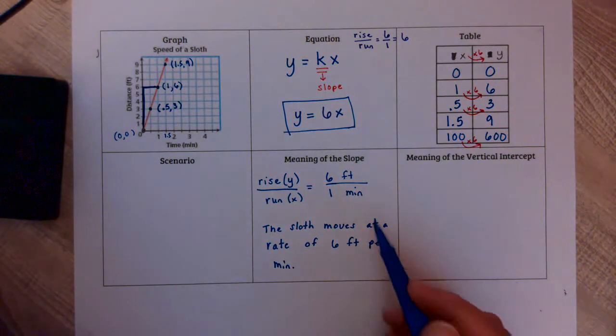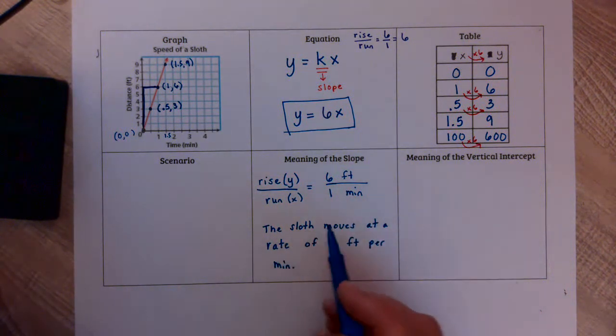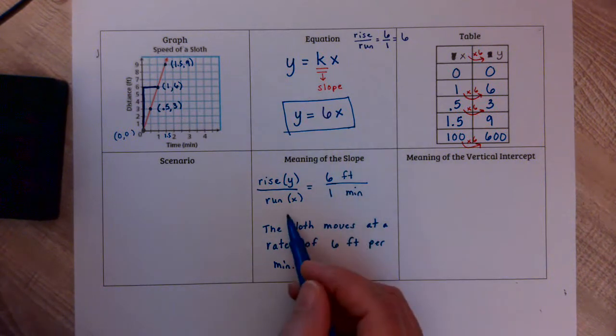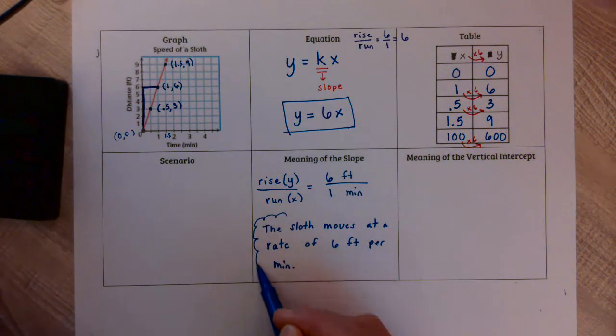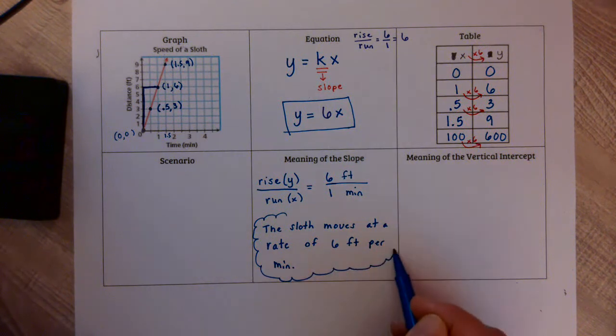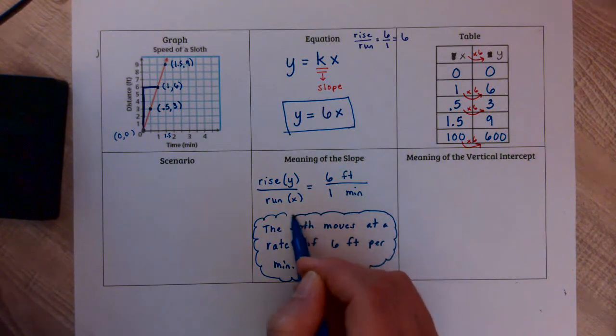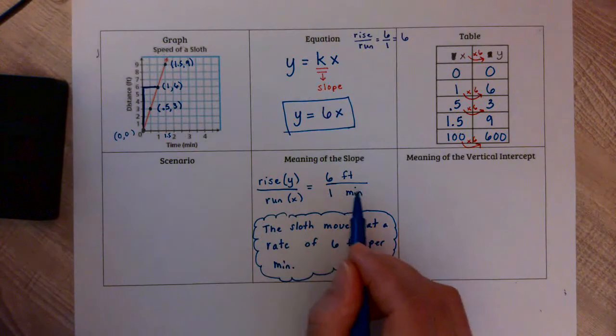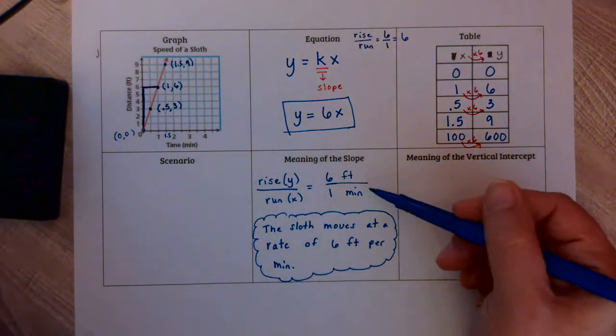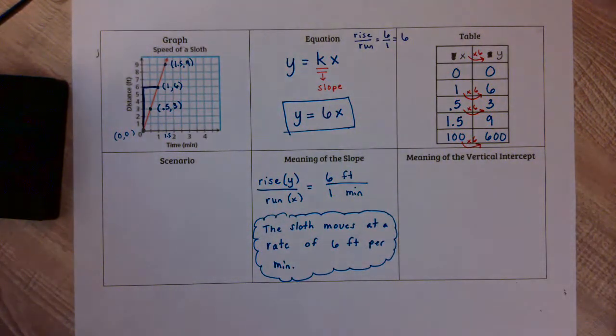So when you go to do this box for me, what I'm looking for when you say meaning of the slope is I'm looking for a sentence that's explaining it. Now, doing this work up here was really helpful for me to figure that out, but the sentence is what I'm looking for.